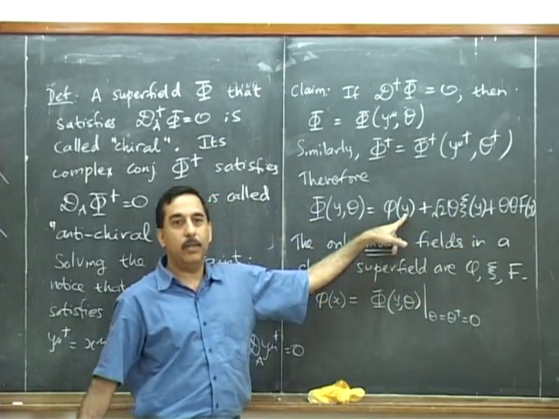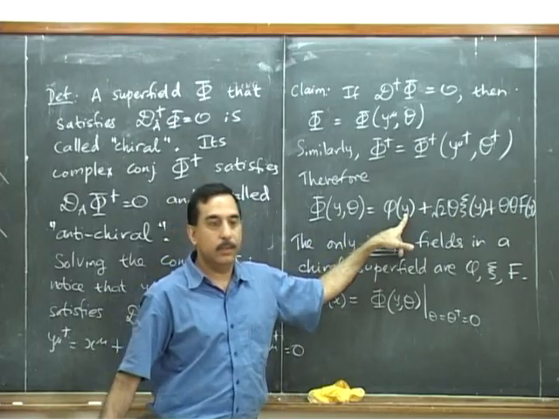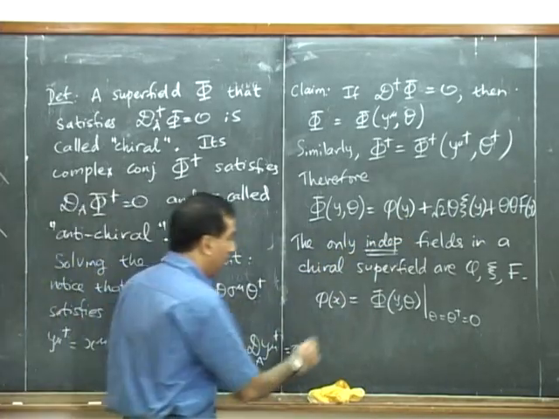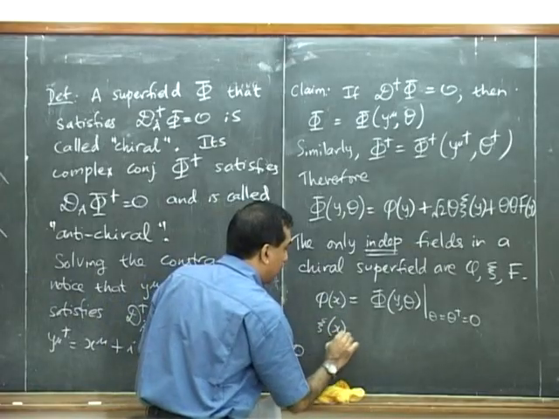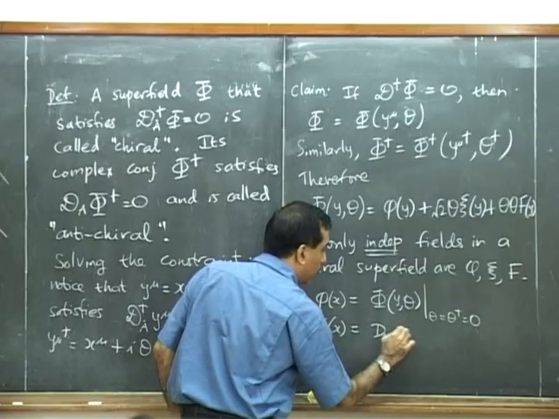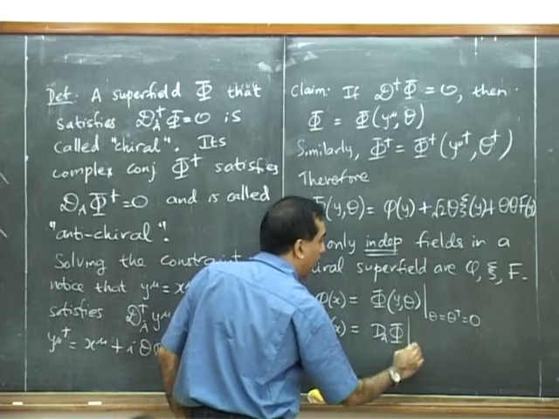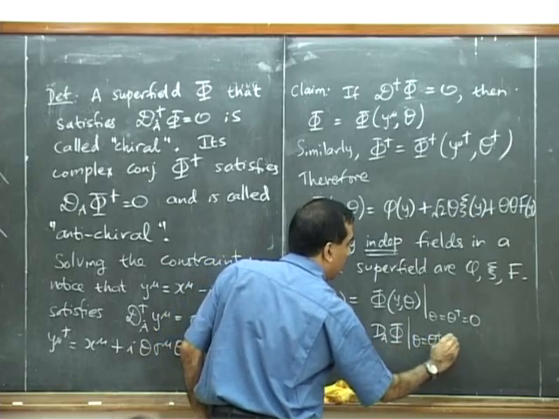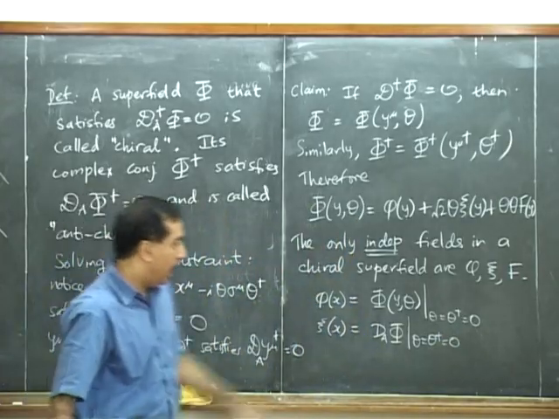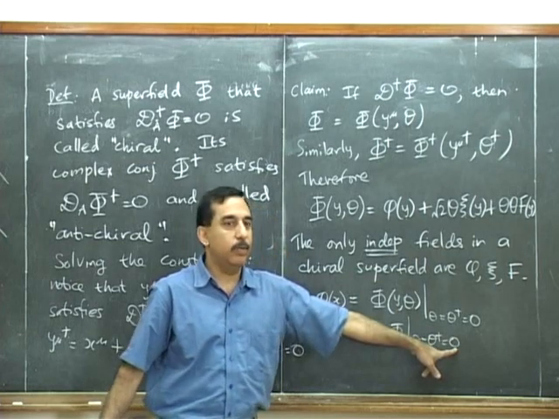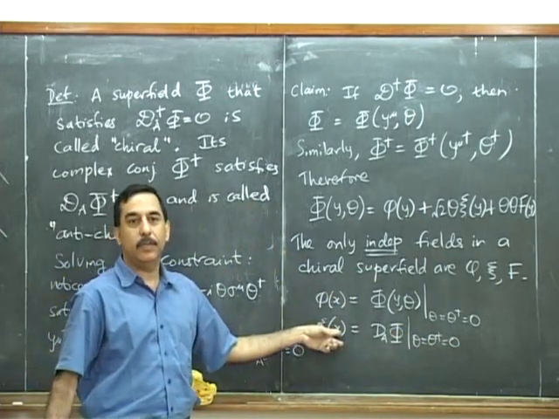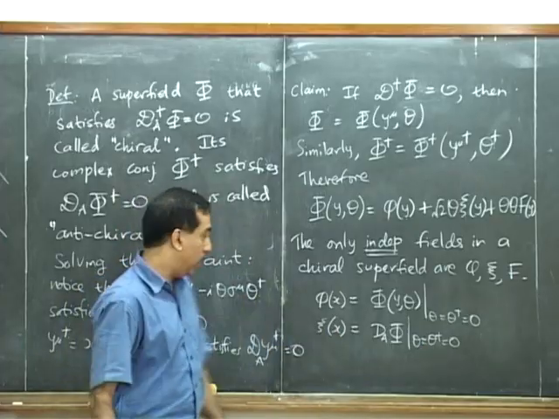Secondly, I managed to set y to be equal to x from this equation. Likewise, psi can be extracted from this by first taking this supercovariant derivative D_A on phi and then setting theta and theta dagger equal to 0. So at the end, when we set theta and theta dagger equal to 0, we are always going to be setting y equals x. So at the end, I recover the field as a function of the ordinary coordinate.